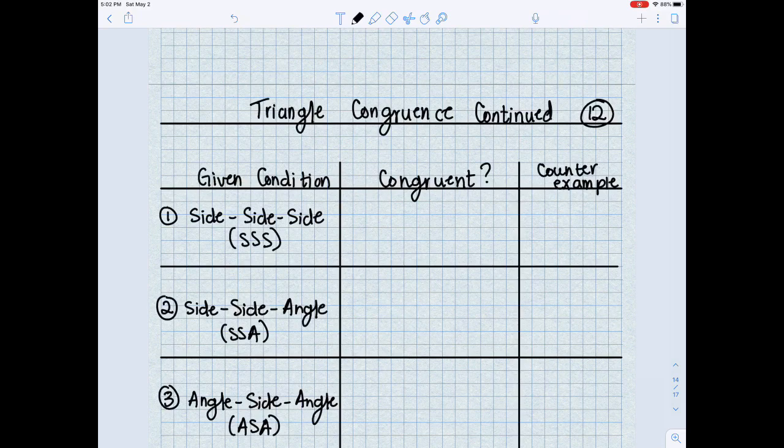So I'll walk you guys through the first given condition, which is what we call side, side, side. So that means all 3 pairs of corresponding sides of both triangles are congruent to one another. So let's take a look at the application.